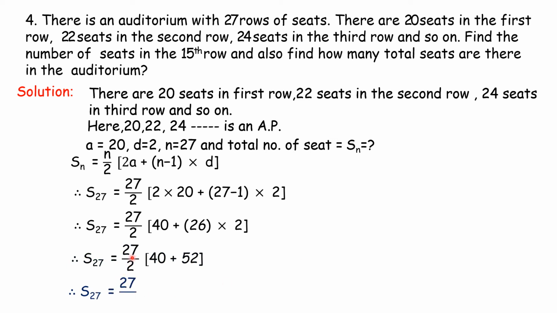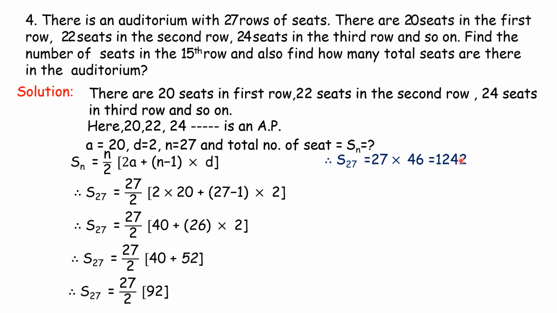Left hand side as it is, 27 upon 2 into 92. Here we divide 92 by 2. Therefore, sum of 27 terms is equal to 27 into 46 is equal to 1242.